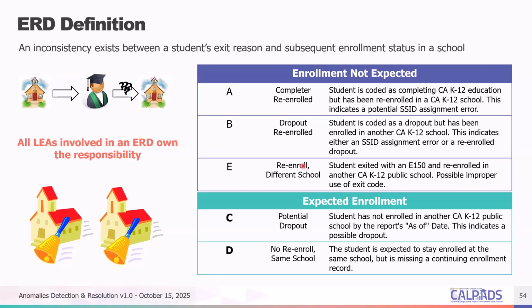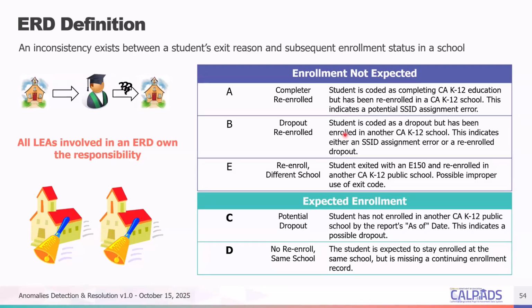And then E is that you are re-enrolling the student, but in a different school. We will discuss E and D later on. A and B are more like notifications for you. You really don't have control over it. It's just that the prior LEA has an exit code that has to be corrected.